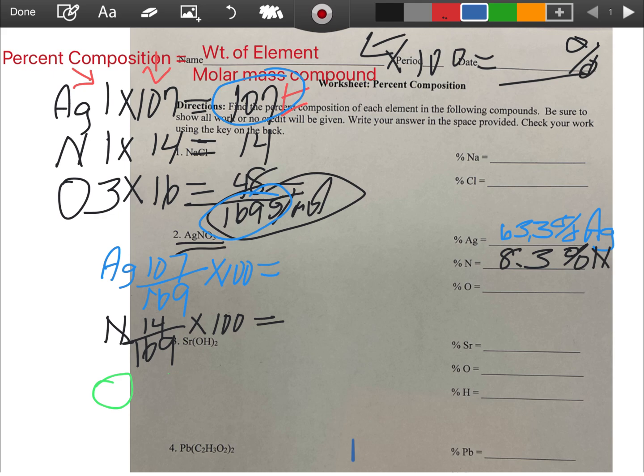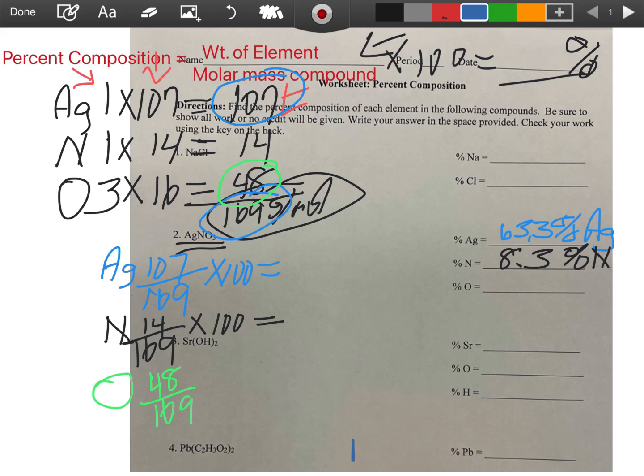All right, so now for oxygen, I also got a question. Ma'am, how come I don't put 16 divided by 169? Well, because you have to get the total molar mass of all of the oxygen that you have in that particular sample. Because you have 3 oxygen, you have to get that total weight. So you know how in lab we used the gum last week, right?